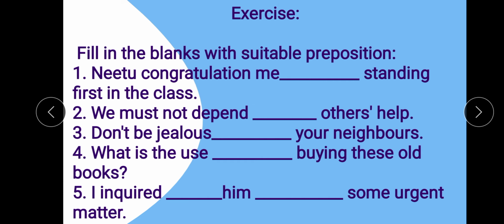Now, one exercise is there for you. You have to fill in the blanks with a suitable preposition. You have learned prepositions so far, and you have to apply them here. Number one, Neetu congratulated me dash standing first in the class. Number two, we must not depend dash others' help.